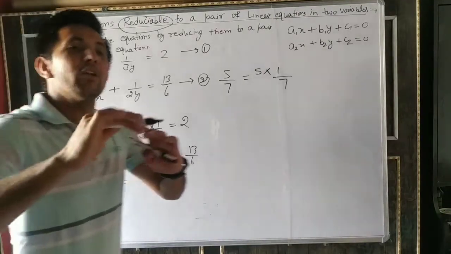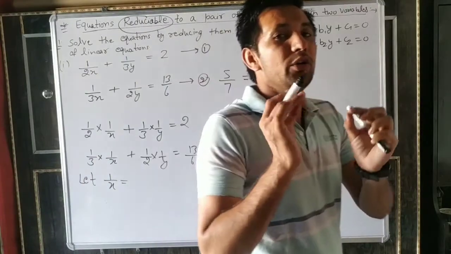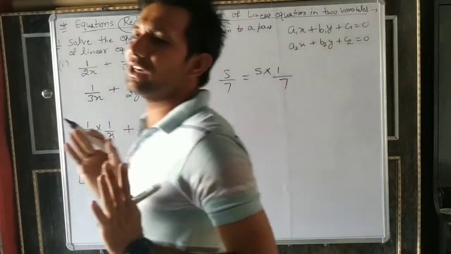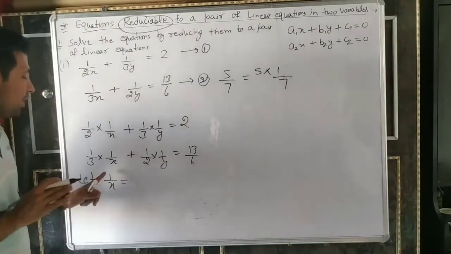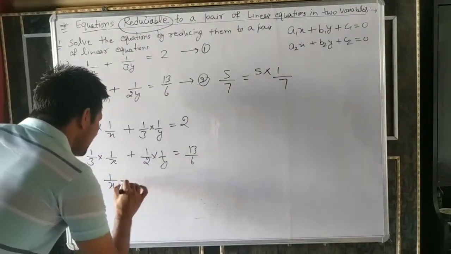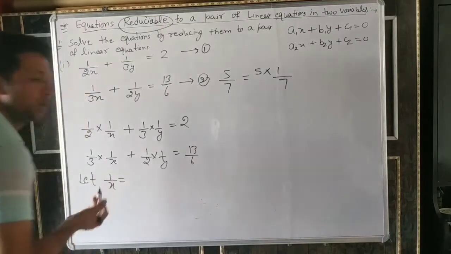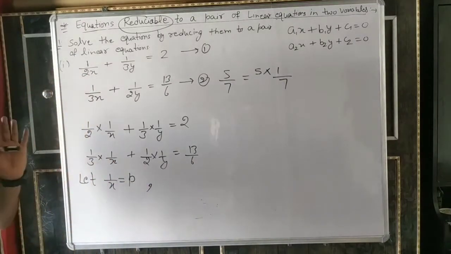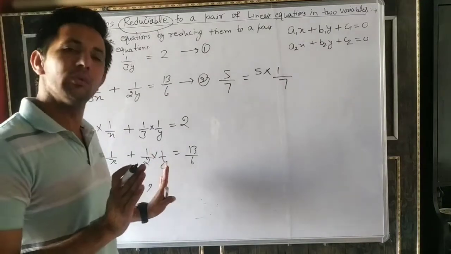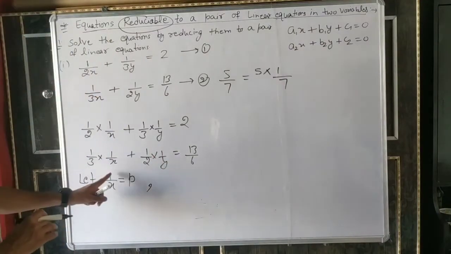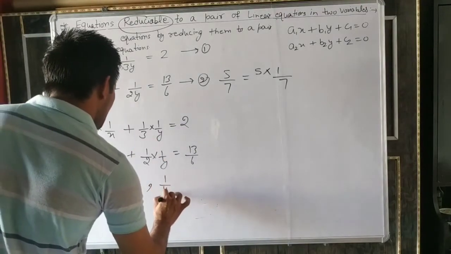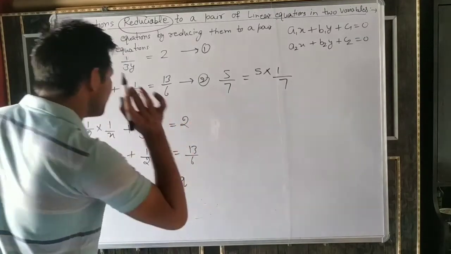We will take two new variables. Suppose let 1 upon x equal to p, any variable, we are only assuming. Just see one example: 1 upon x equal to p and 1 upon y equal to q.